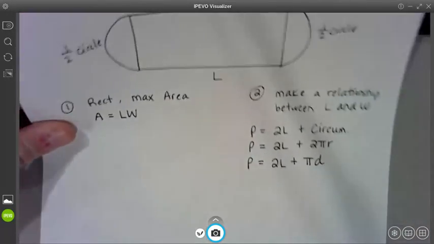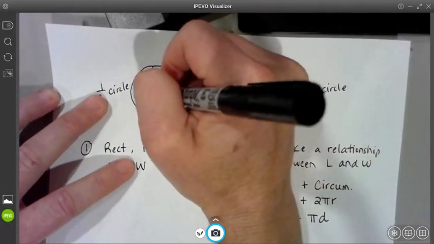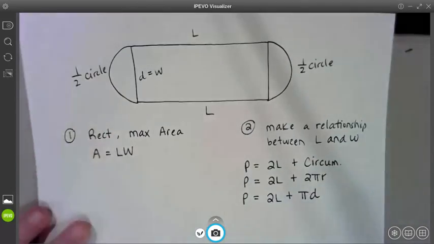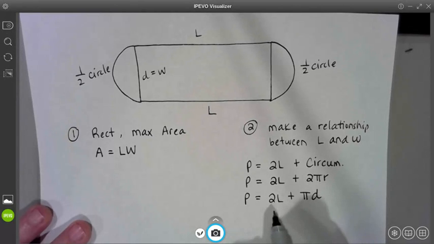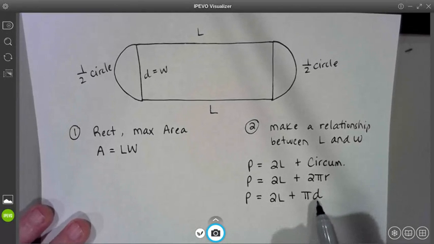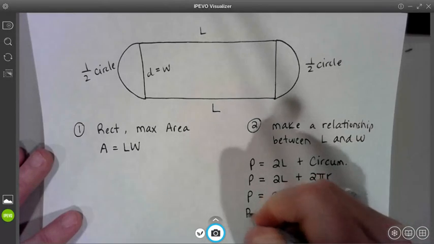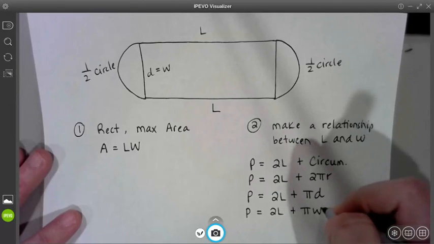All right, now we're getting there. Well, since I just said that the diameter of this circle is equal to the width of that rectangle, now we can take the diameter out and put the W in, right? We're trying to build a relationship between L and W. So I don't really need another variable in there, diameter. So now the perimeter is equal to 2L plus pi times W, right?